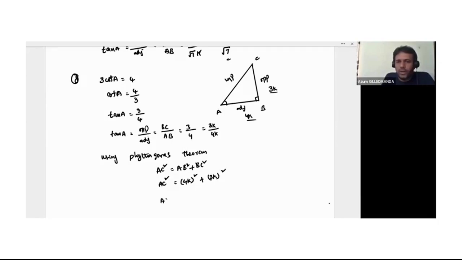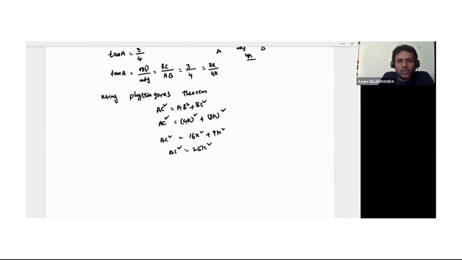Now, AC square is 16K square plus 9K square, right? So that is 25K square, which is AC square. Now what is AC? Square root of 25K square. So square root of 25 is 5, and for K square it is K. So it is 5K, right?